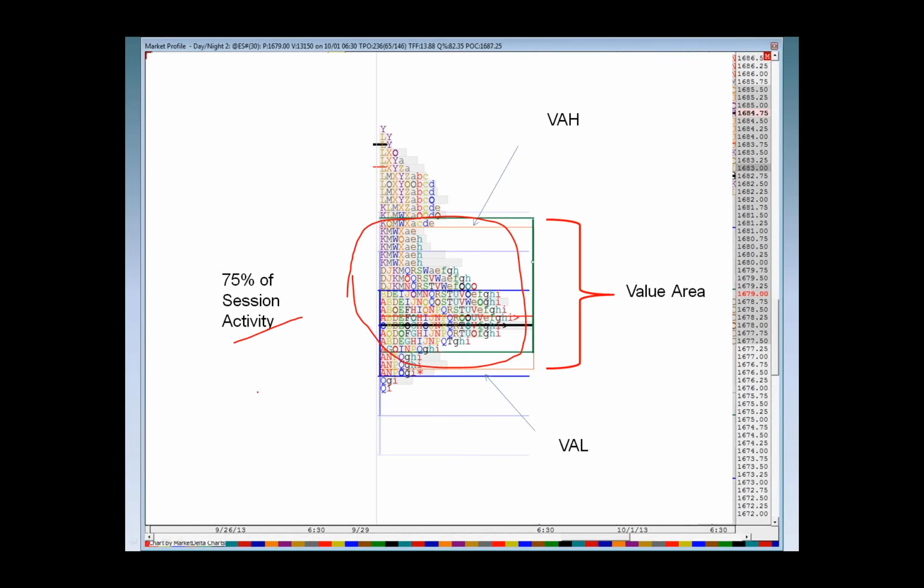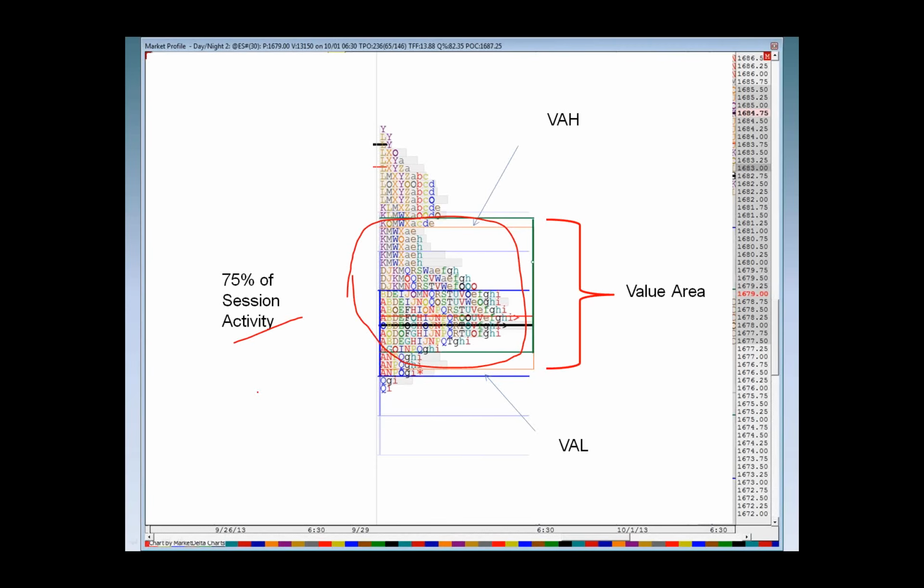This is where most of the participants in the market exchanged or traded during that session. And this is significant because as price begins to move away from that area, that is very noteworthy, and that's what we're going to begin to talk about and focus our attention on.